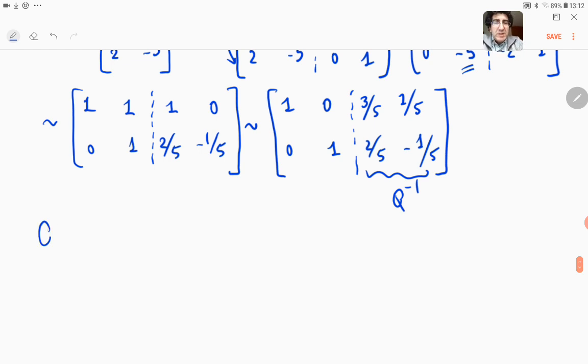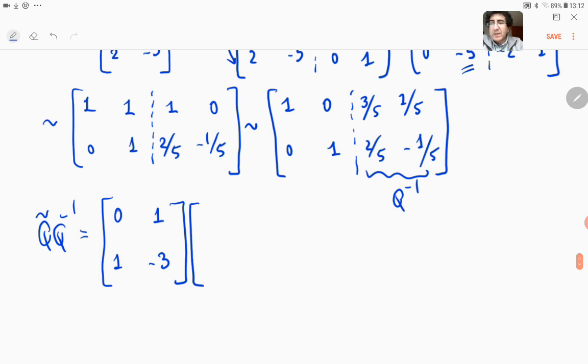Okay, so what is my q tilde q minus 1? That is equal to q tilde, which is 0, 1, 1, minus 3, and q to the power minus 1 is given by our inverse, with the top row 2 over 5, minus 1 over 5.